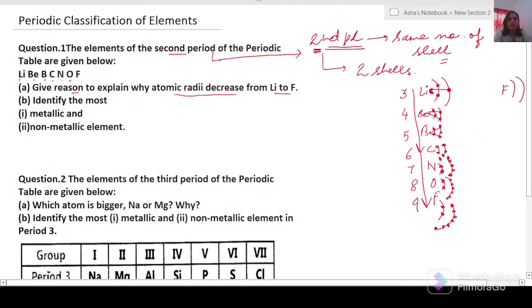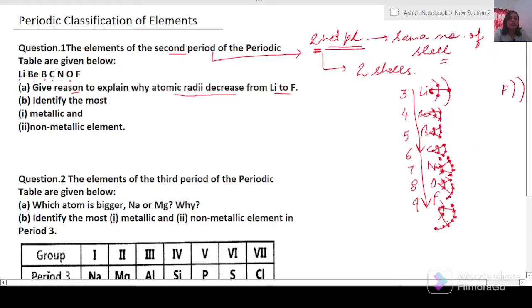The effective nuclear charge will keep on increasing, and because of that the atomic size keeps on shrinking from lithium to fluorine. In the outermost shell at every step 1 electron is added, and at the same time 1 proton is also added inside the nucleus.